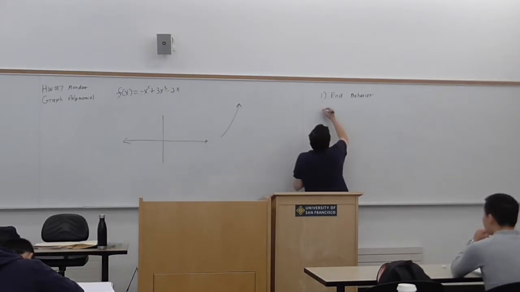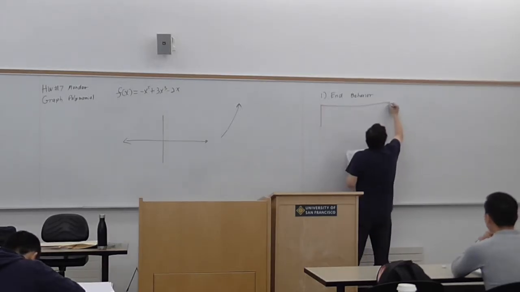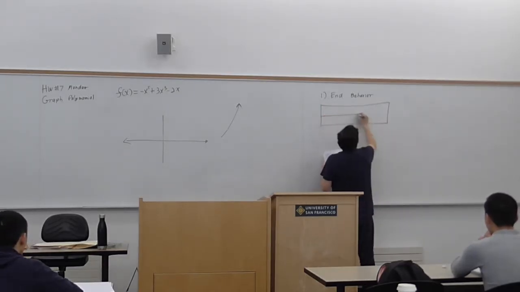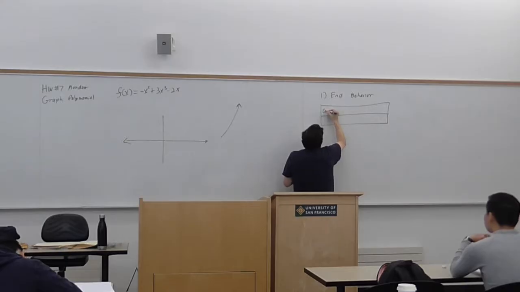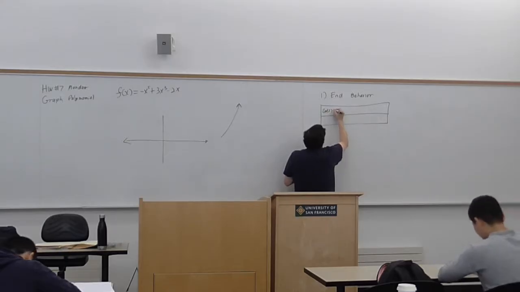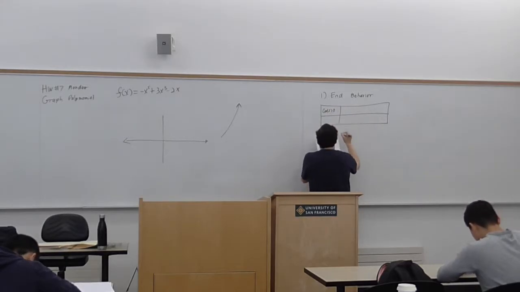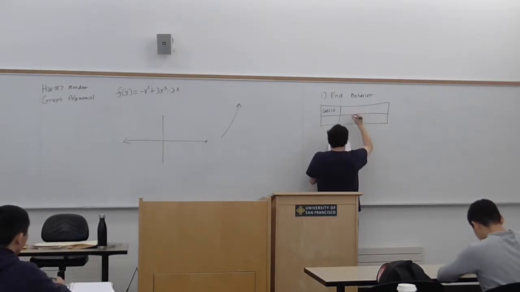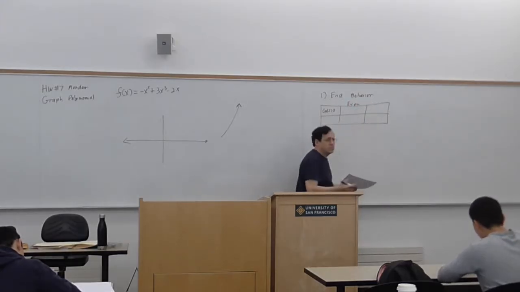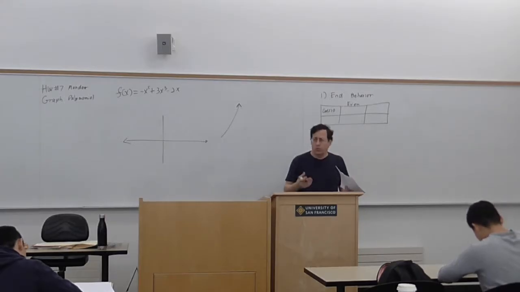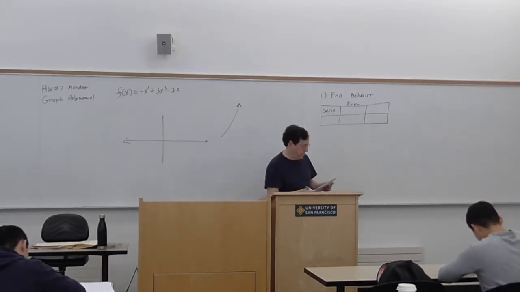So let's create a little table here. So let's say the coefficient is positive. And let's look at what happens when this is even. Even number like 2 or 4 or 6.